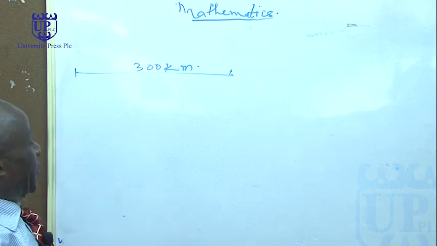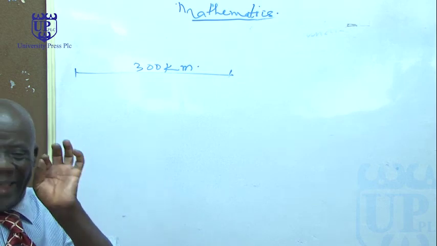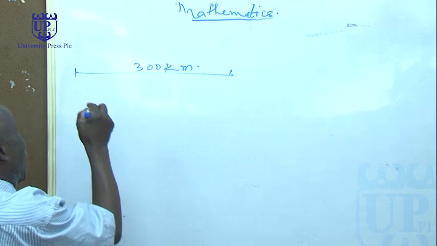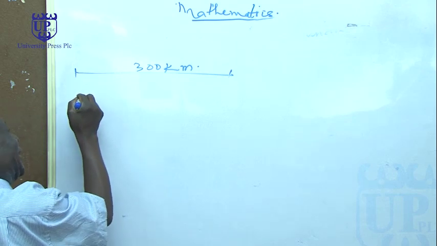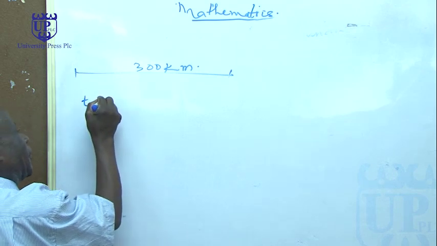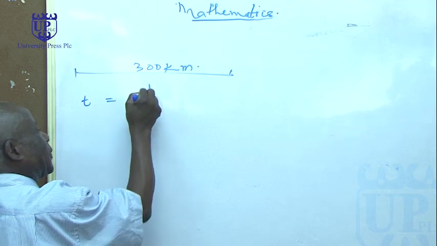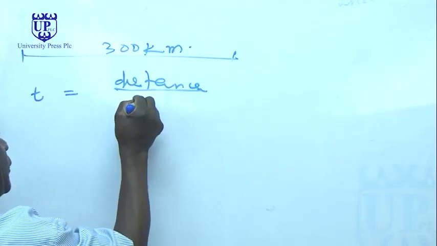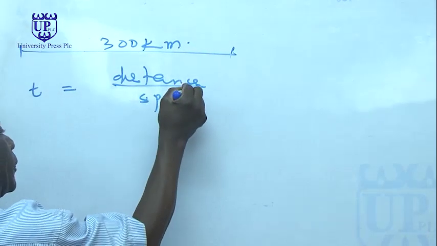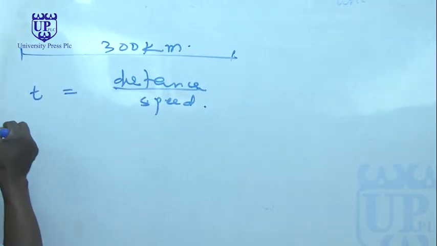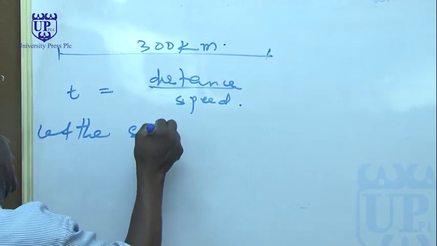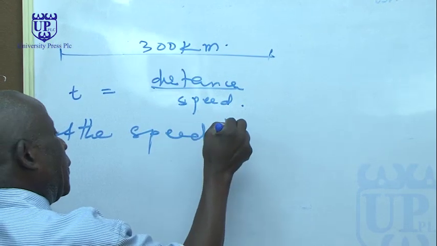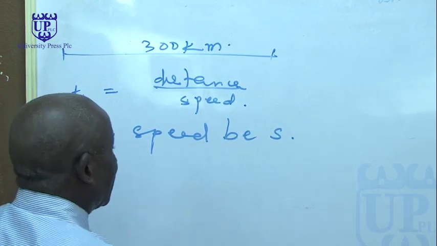Please take note. This is what they want to test from you. They want you to know that time is distance over speed. Let the speed be s.